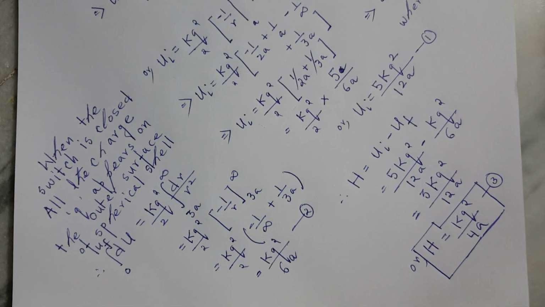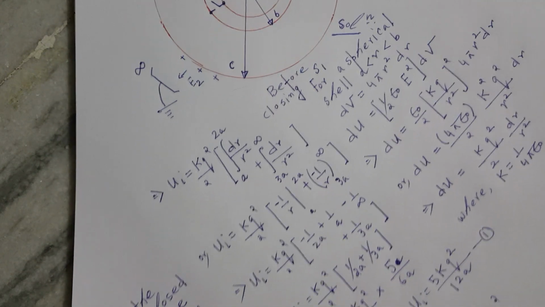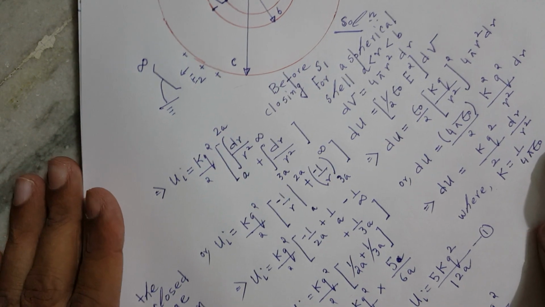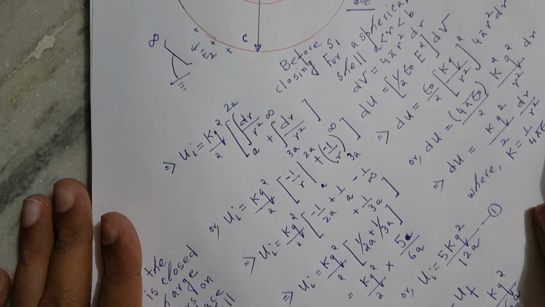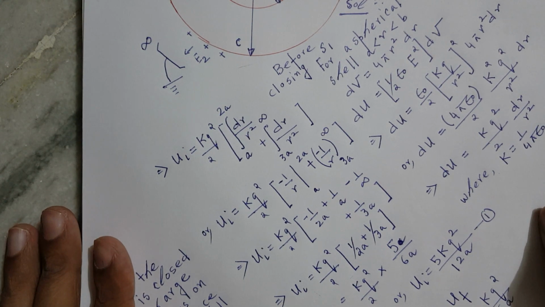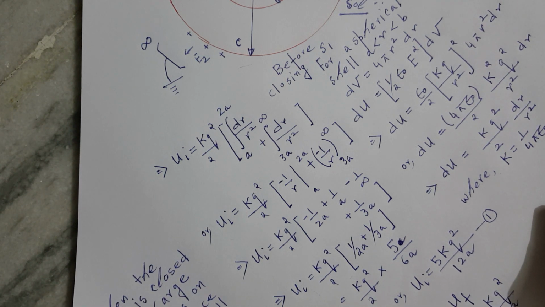Okay. Now question is, why is heat produced? Why is heat getting produced? Please see very carefully. In the previous case, you please see that q square by 2c is the effective capacitance, you can say. So in the first case and in the second case, if you compare the two places, you will see that basically the capacitance in the second case increases.